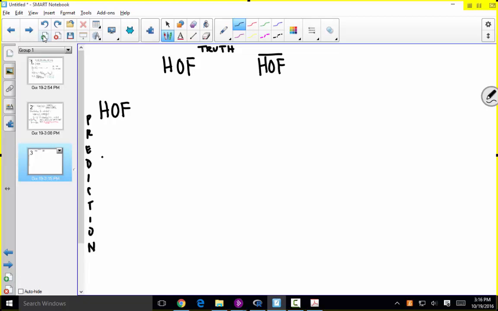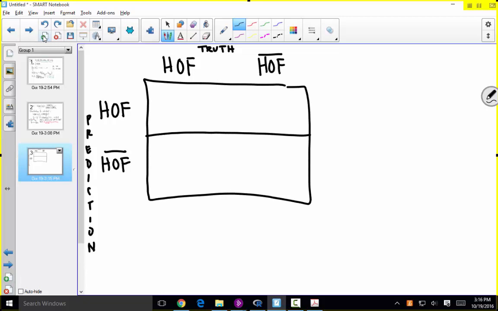Hall of Fame, not Hall of Fame. Another way to think of this is a confusion matrix. A two-class case, it's just a 2x2 table, but what the ISL book calls a confusion matrix. Whenever we are in this cell or that cell, we did not make a mistake. But in this cell or that cell, we did.